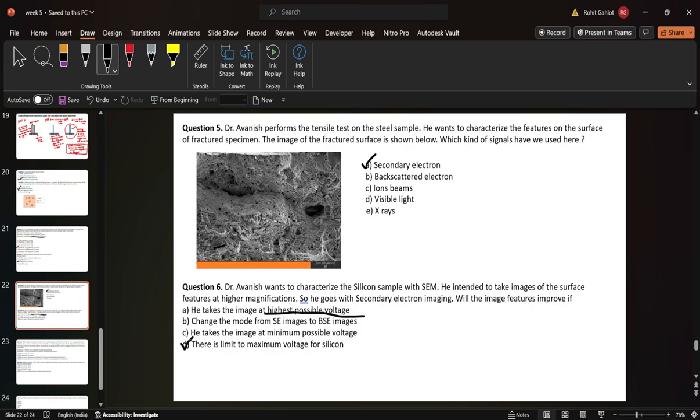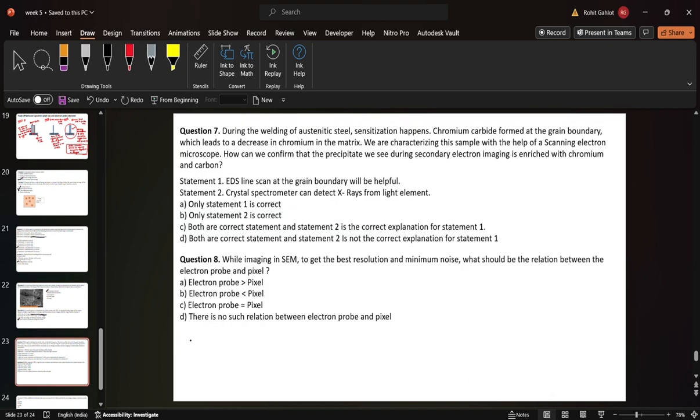Yes, this is right. Now if we move to the next one: during the welding of an austenitic steel, sensitization happens. Chromium carbide forms at the grain boundary, which leads to a decrease in the chromium in the matrix. We are characterizing this sample with the help of SEM. How can we confirm that the precipitate we see using the SEM is enriched with chromium? We just discussed this. First one is that EDS line scan at the grain boundary will be helpful.